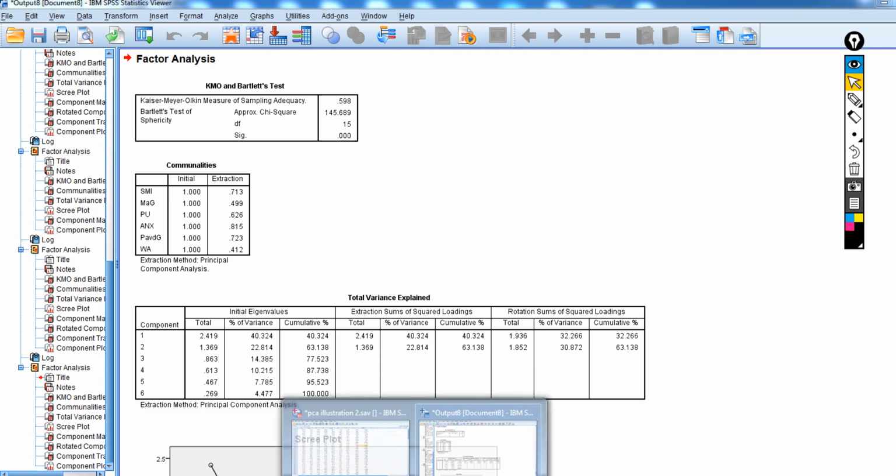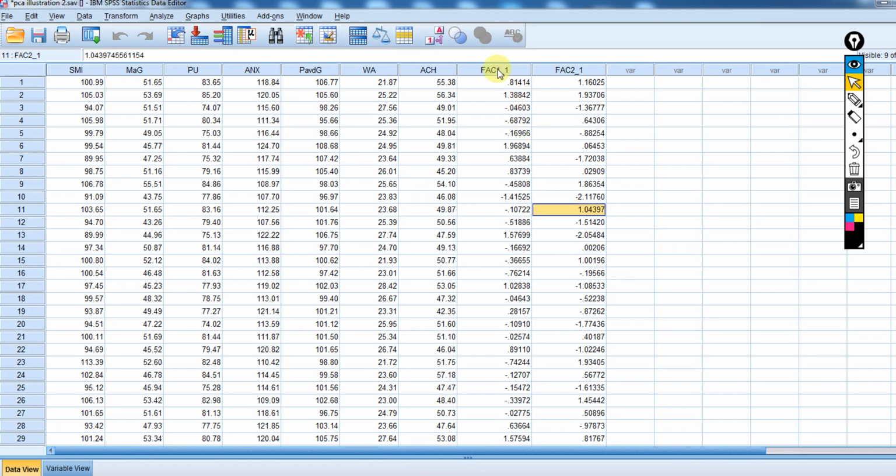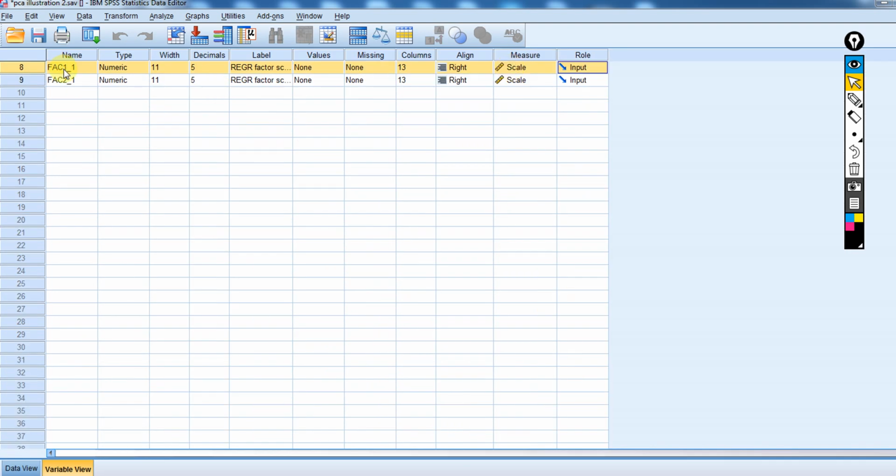And if we double click on this, let's just go ahead and change it. We called the first component avoidance motivation, and the second one approach motivation. So now these two components are uncorrelated, like I said.